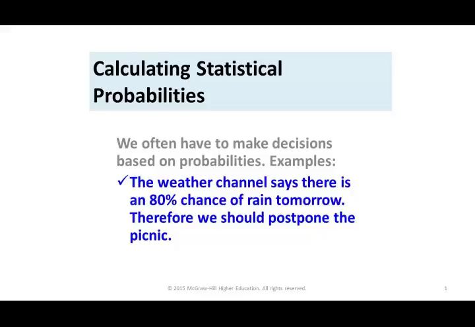So some decisions based on probabilities are fairly simple to make, but sometimes we need to understand things based on probabilities that are a little more complex, generally because there's more than one factor or more than one probability to take into account. In those cases, we need to know how to think about them and how not to think about them. So this section is about that.